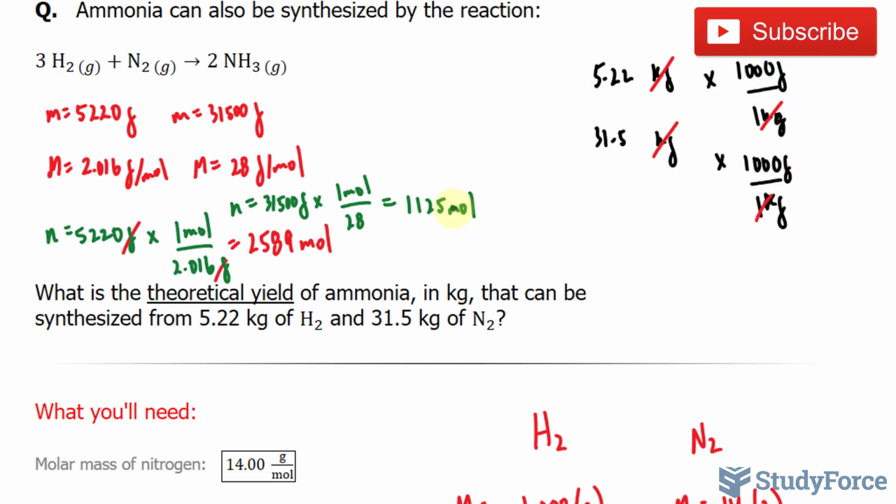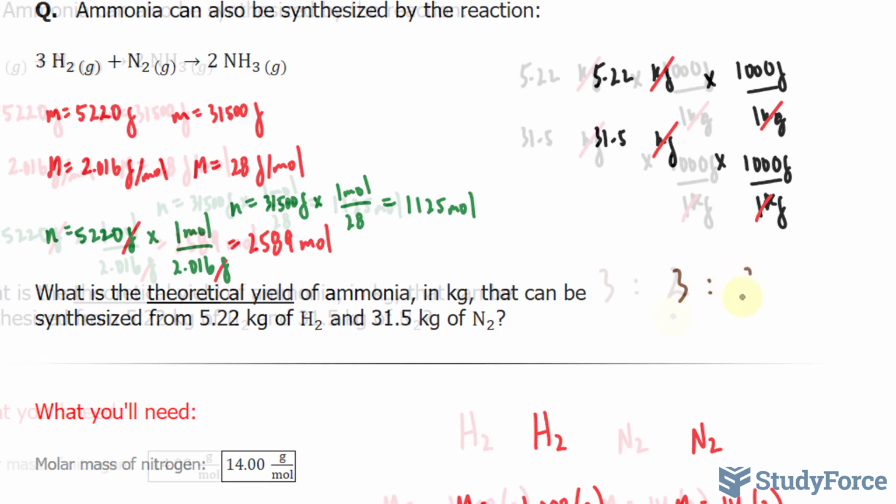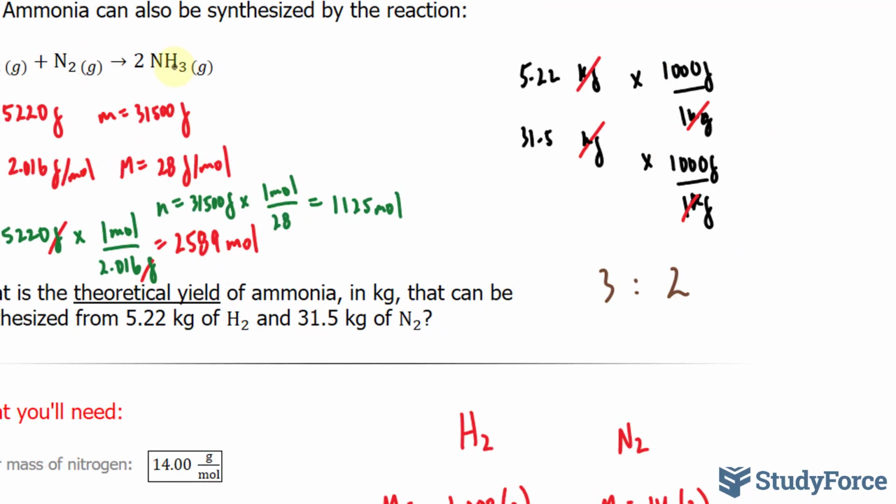Now, as I mentioned at the very beginning, we need to find out which of these two molecules is the limiting reactant. To do that, we need to set up 2 ratios. One ratio will compare the number of moles of H2 to NH3, and the other ratio will compare the number of moles of N2 to NH3. Let's start with H2. We have 3 to 2, and the ratio for these two is 1 to 2.